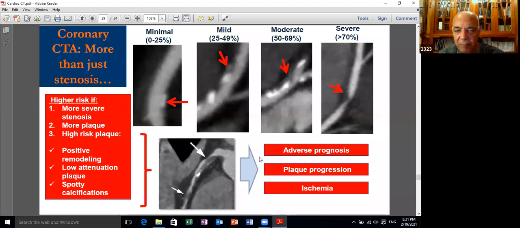And a high-risk plaque can rupture, of course, but at the same time, it can progress. So it has an adverse acute prognosis in terms of rupture and producing acute coronary syndrome. At the same time, it progresses rapidly and can result in ischemia. So that's one big advantage of CT that cannot be mimicked by any other non-invasive procedure.